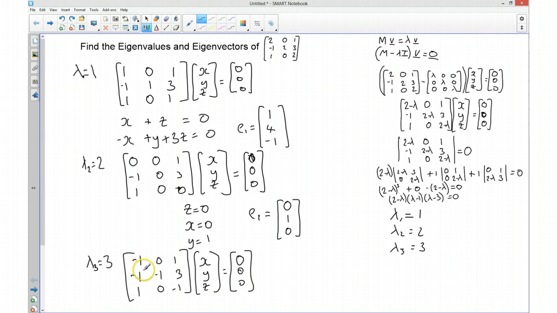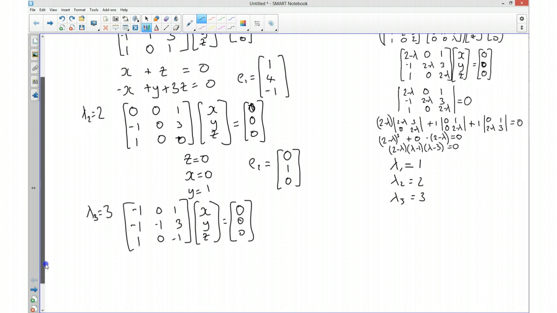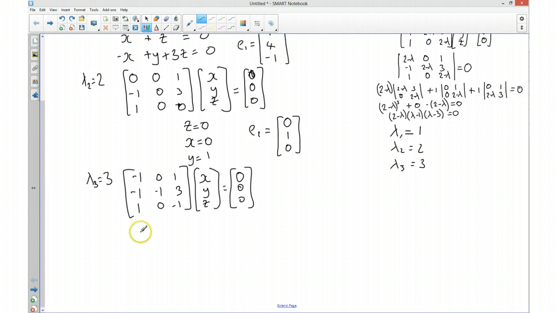I'll write down my equations. So I've got a negative x plus 0y plus z is going to be equal to 0. I've got a negative x, take away y plus 3z is equal to 0, and I've got x take away z is going to be equal to 0.